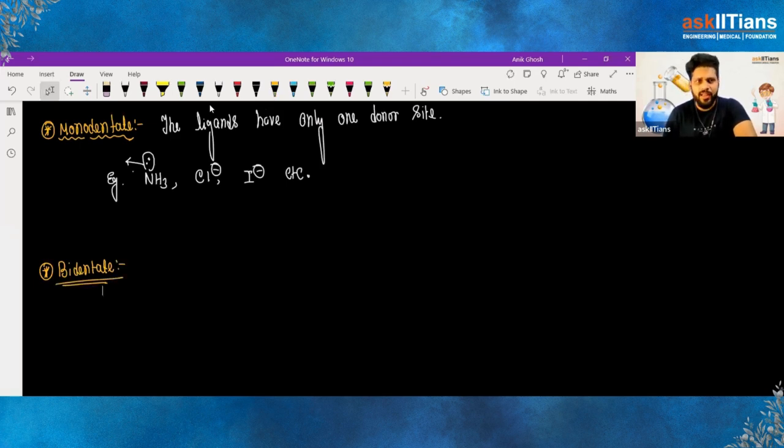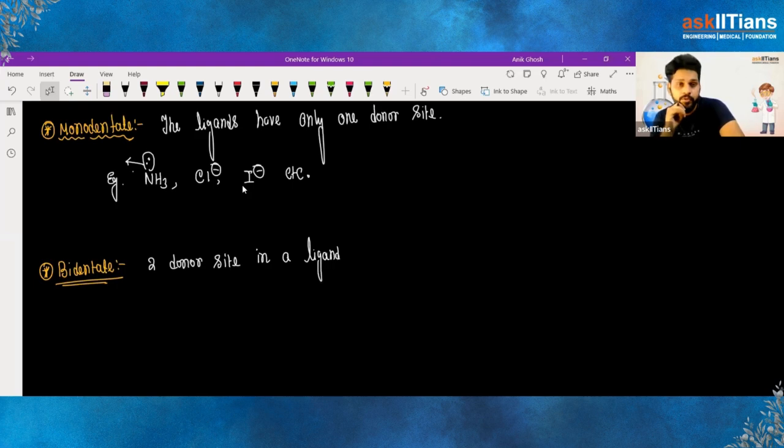You can understand they have two donor sites. In one ligand, you have two donor sites. This is something that you're going to hear for the first time. Now, write down the examples with me.